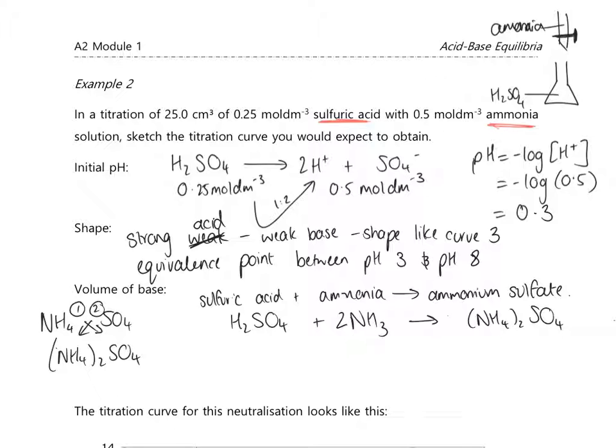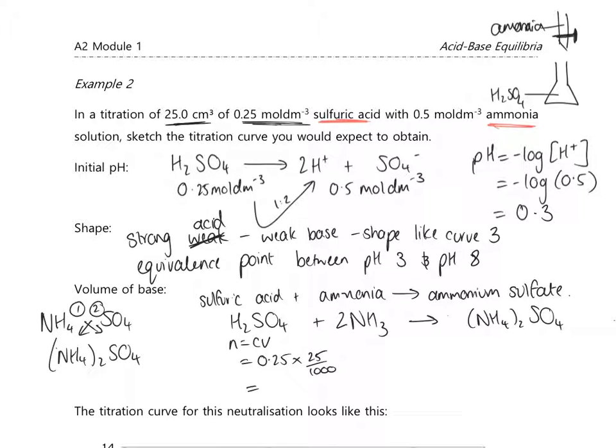So I can work out the number of moles of sulfuric acid because I have a volume and a concentration. n equals CV, which is 0.25 times the volume, which is 25 over 1,000, or if you prefer to work it out first, it's 0.025.